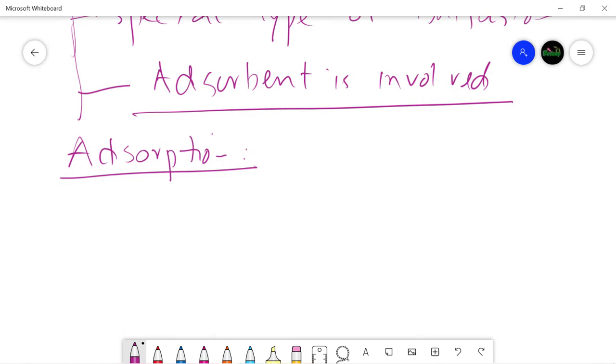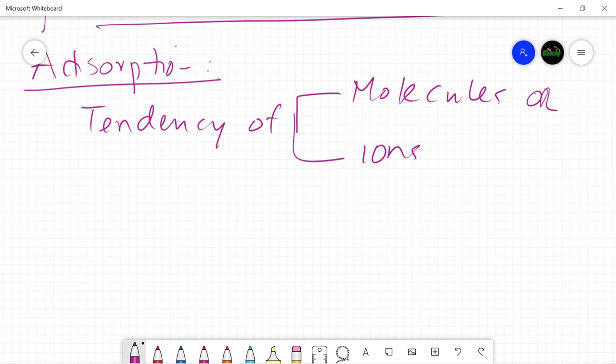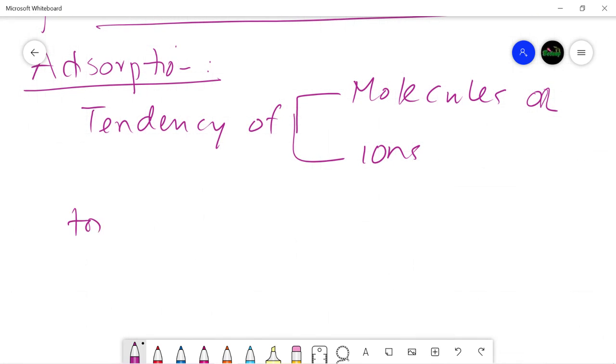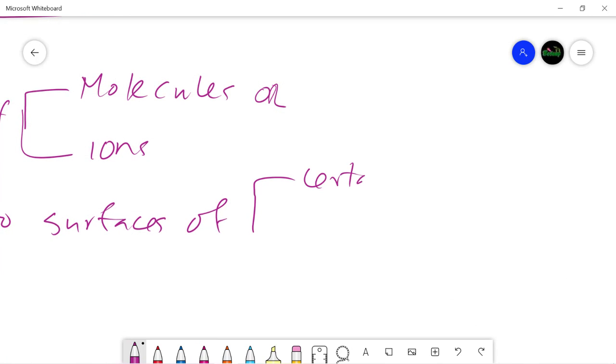Adsorption is basically a tendency of molecules or ions to adhere to surfaces of certain solids or liquids.